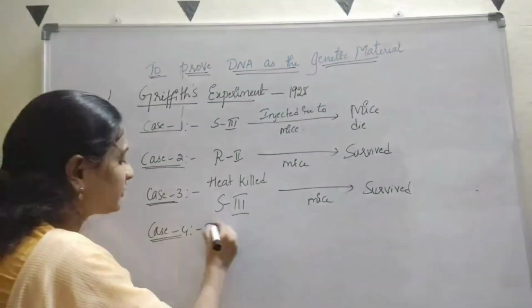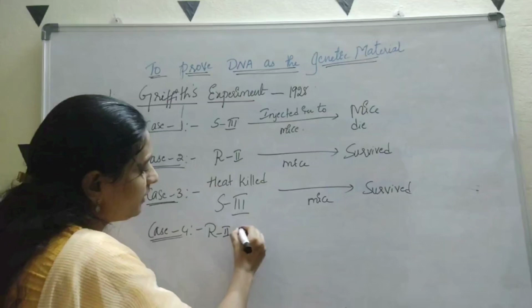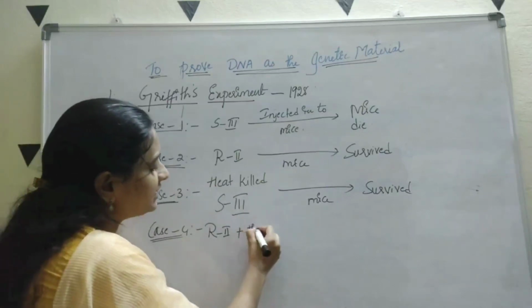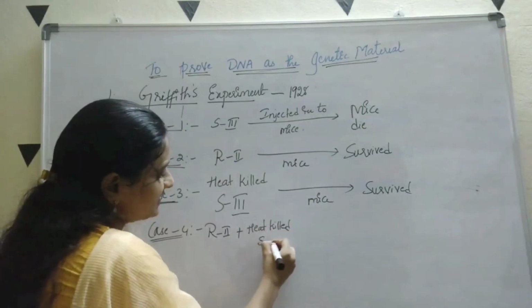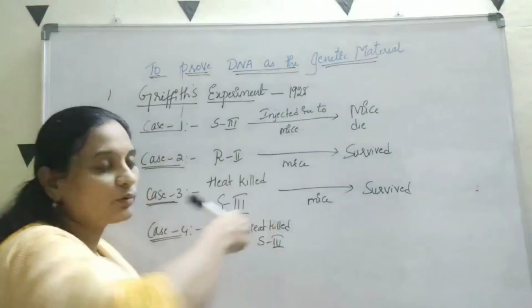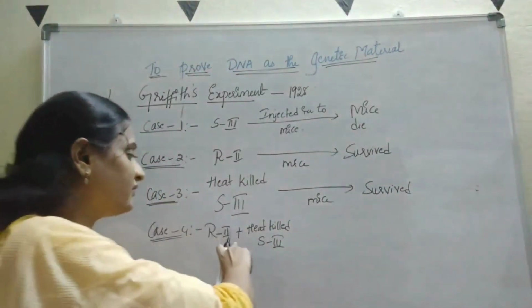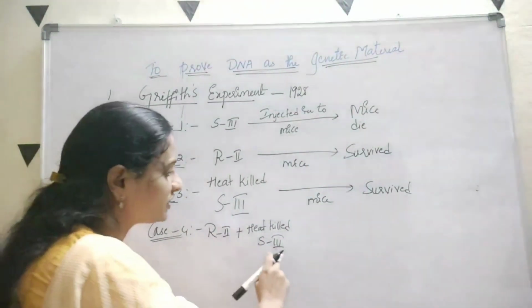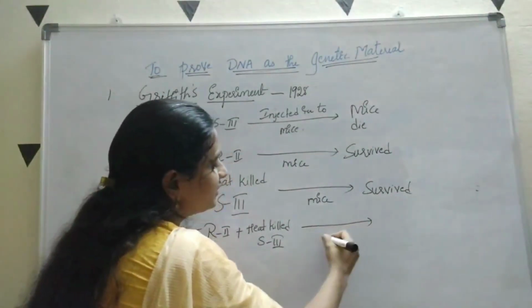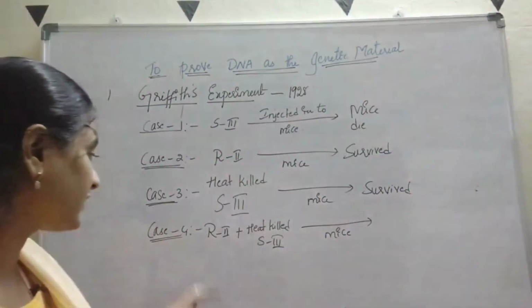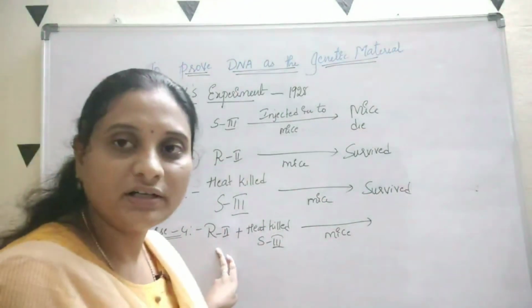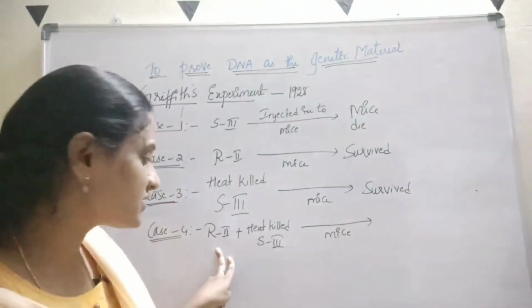So he used R2 along with heat killed S3. When he used a combination of these two and injected it into mice, the result we can expect is that R2, which is avirulent in nature, doesn't cause any kind of disease to the mice.